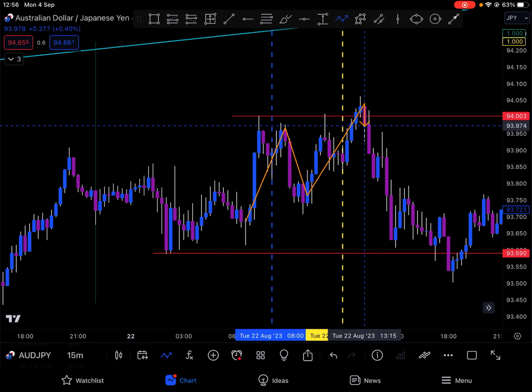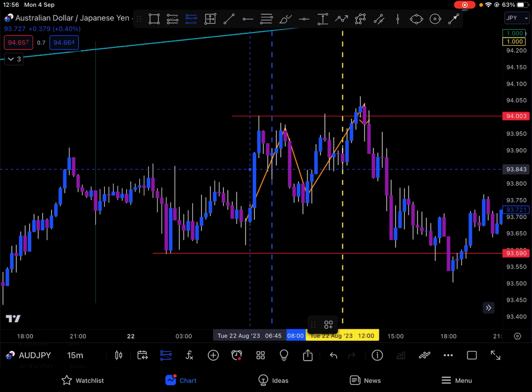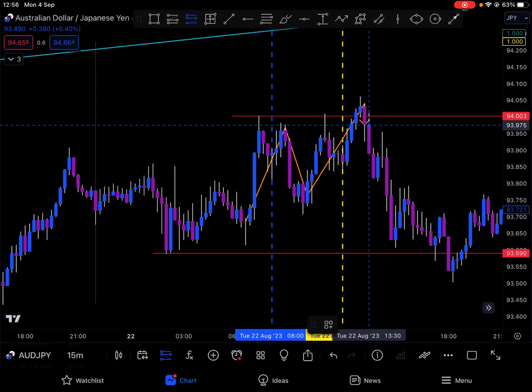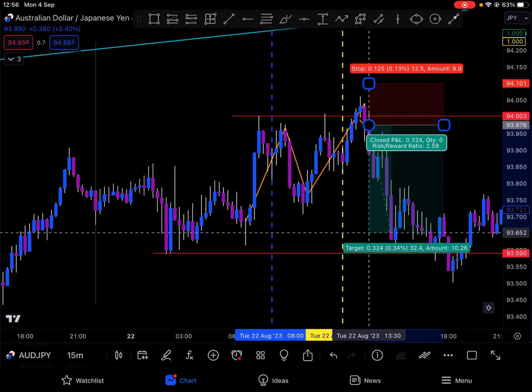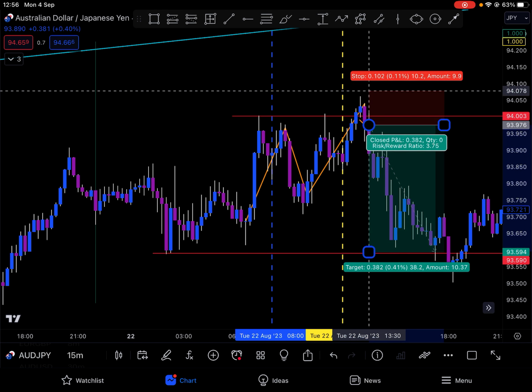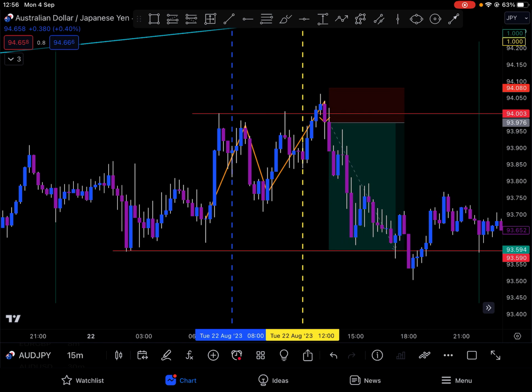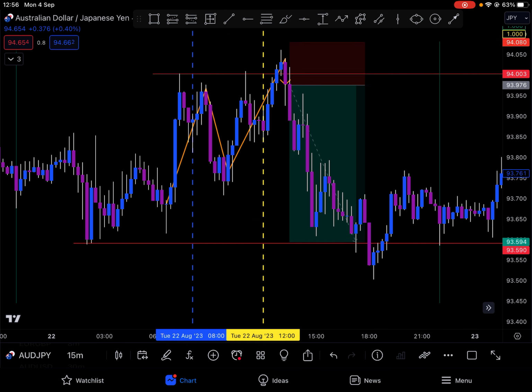Right after the close of this candle, this high probability bearish engulfing candle, you would have taken a sell right there, targeting Asian lows, with your stop loss above, over there. So tell me, this would have been a straight winner.